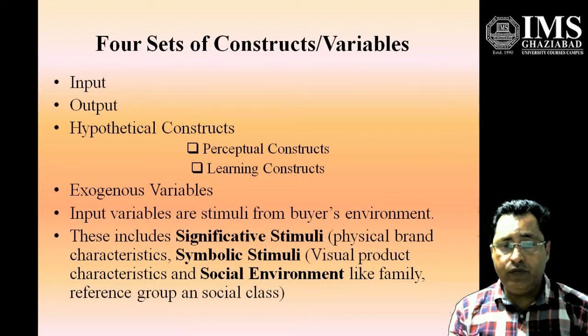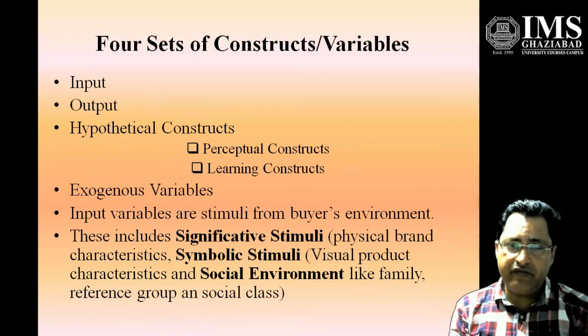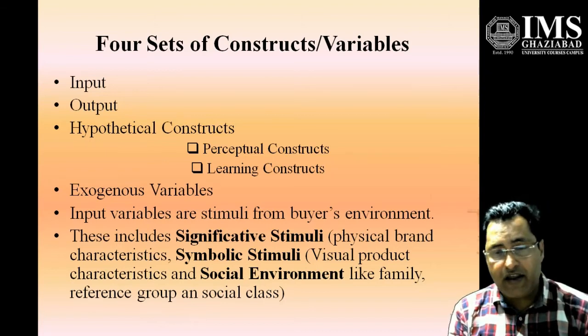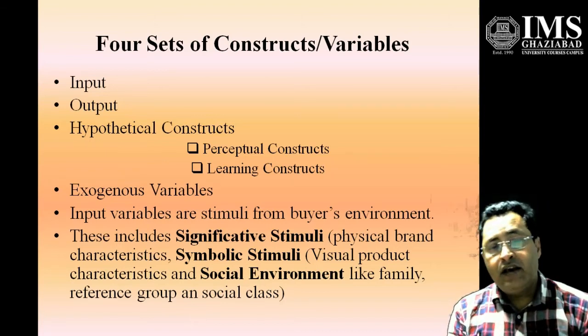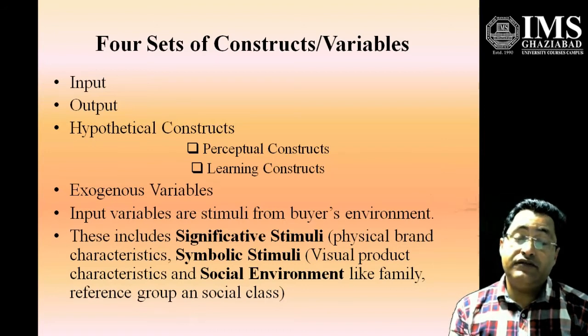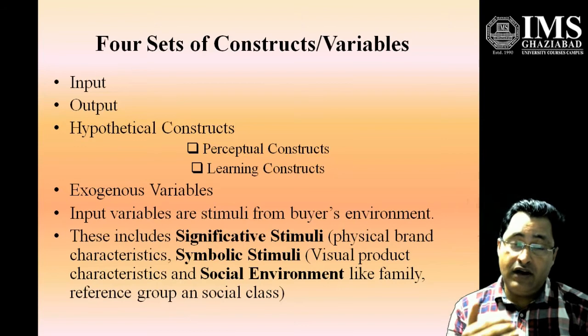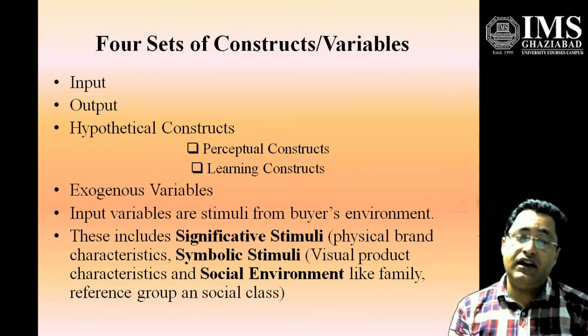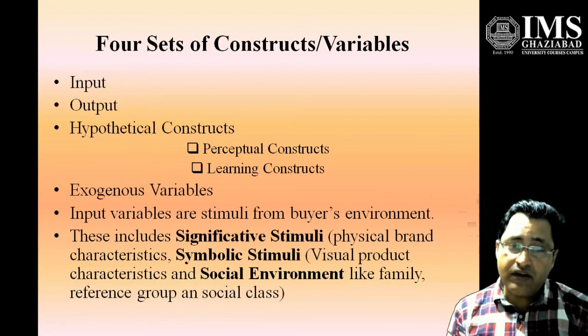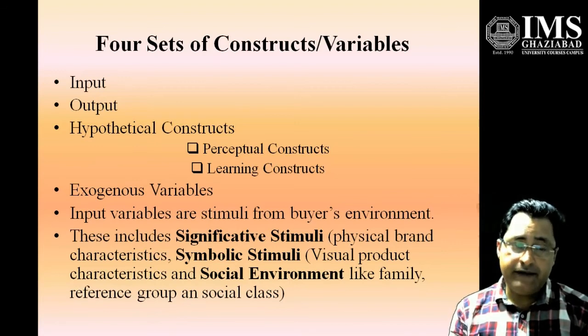And when you become familiar with your social environment, and when you get positive feedback from the social environment, like your family, reference group, or your friends, even your relatives, anyone, or a combination of all this for the same brand, iPhone 10. So after getting exposure from the advertisement and after taking feedback from the social, you develop a symbolic stimuli, right? So basically on one side I'm giving you advertisement, and on the other side you are being exposed to the social environment, which finally results in your symbolic stimuli, right?